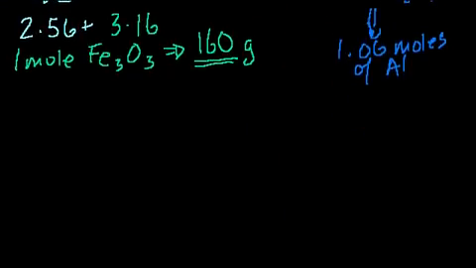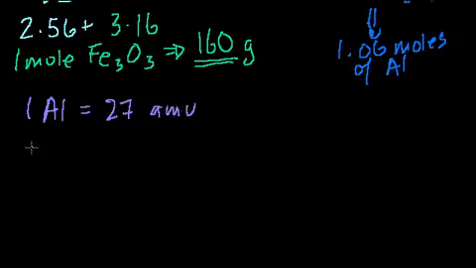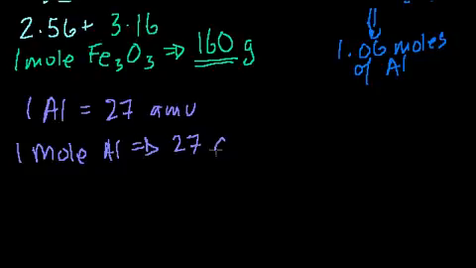So one aluminium is 27 atomic mass units. So 1 mole of aluminium, or 6.02 times 10 to the 23 aluminium atoms, is going to be 27 grams.